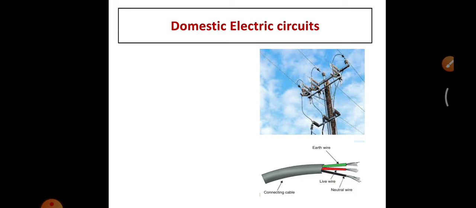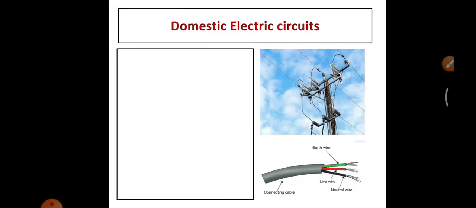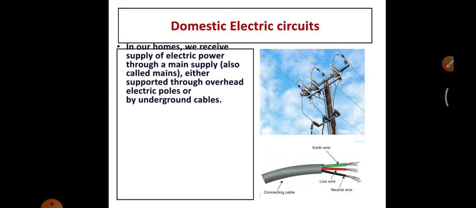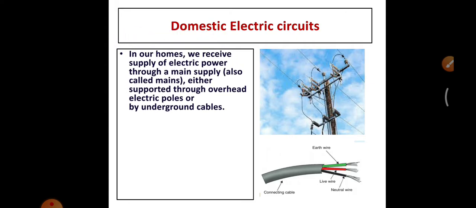The next topic is the domestic electric circuit, and you know that electricity is very important, and in every home we have an electric circuit. In our homes we receive a supply of electric power through a mains supply, also called mains, either supported through overhead electric poles or by underground cables.